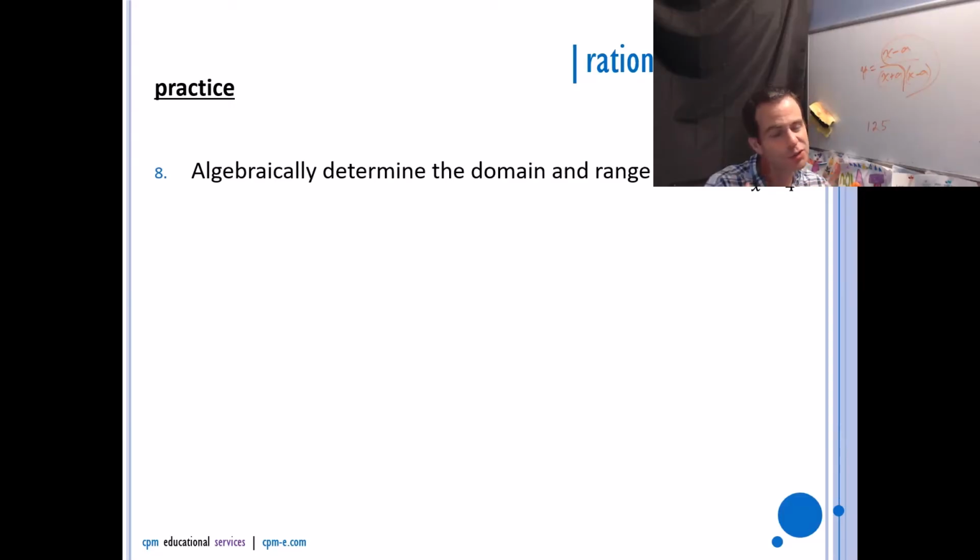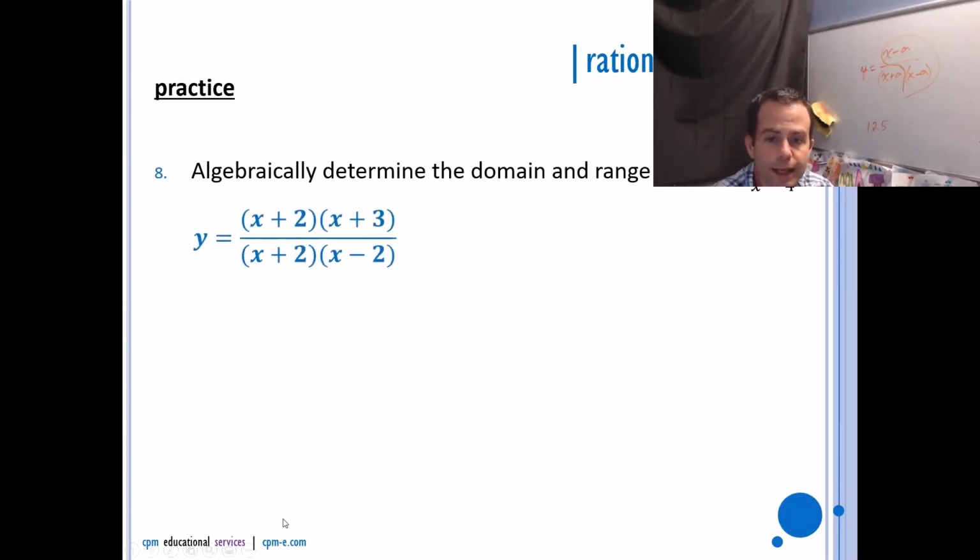But now I have to also check for a point of discontinuity. So I want to factor the x squared plus 5x plus 6. That would factor into (x plus 2)(x plus 3). Okay, and so I can see that I'm going to have a point of discontinuity at x equals -2. What y-value?